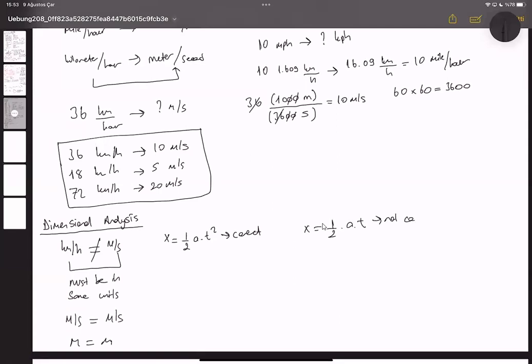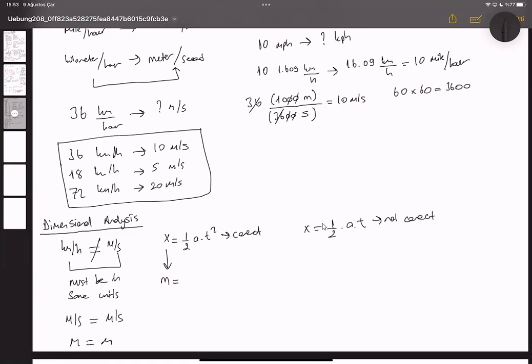Not correct. How can we find if it is correct or not? We can find it by making dimensional analysis. X is distance in meters, 1 divided by 2 is a constant number. So the constant numbers have no units. So this is unitless for us.